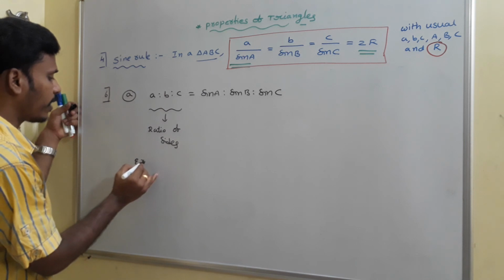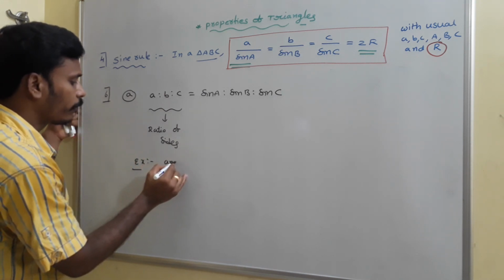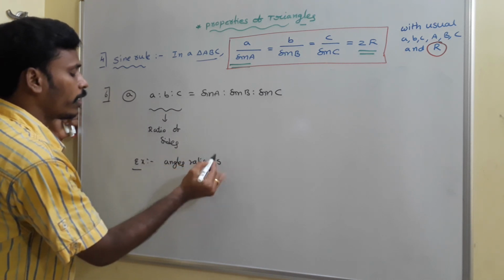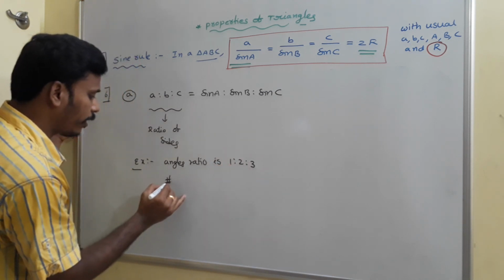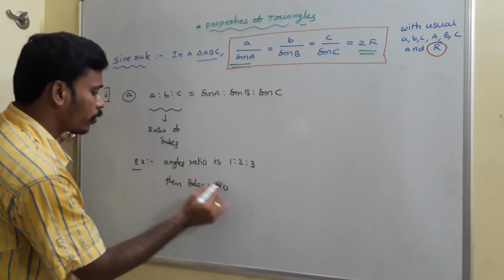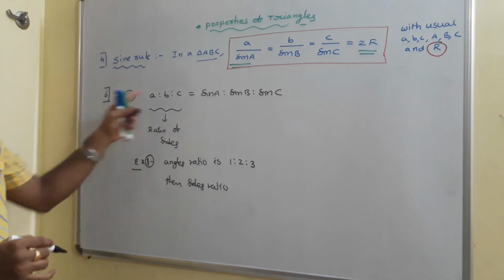For example, if angles in a triangle are in the ratio 1 is to 2 is to 3, then what can you say about the sides ratio? Let's say example 1 related to this ratio.